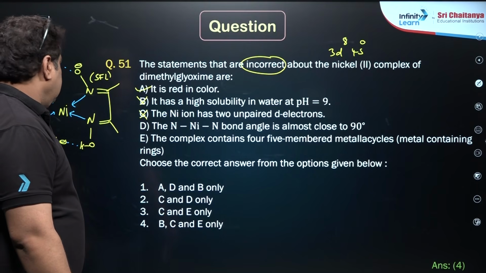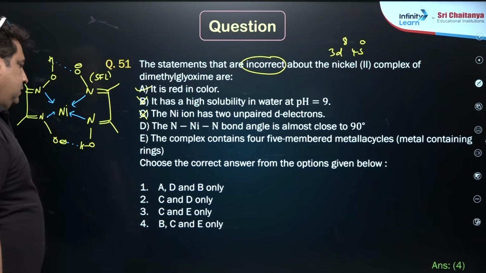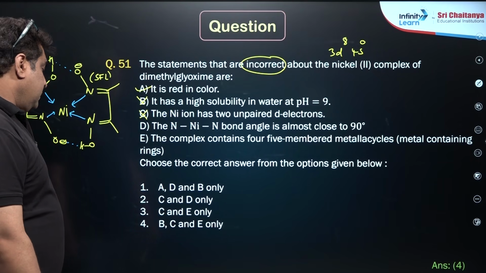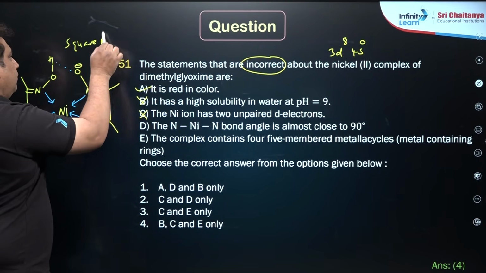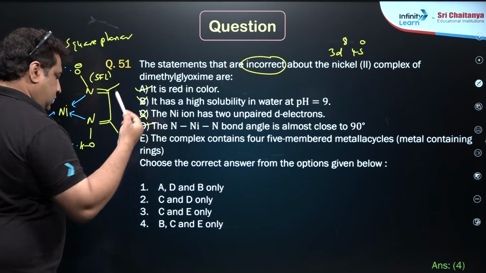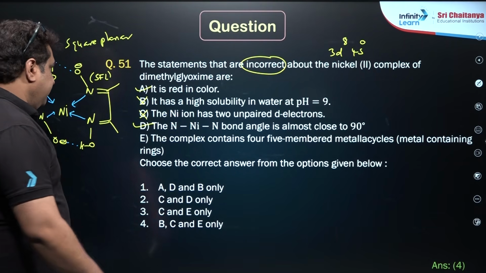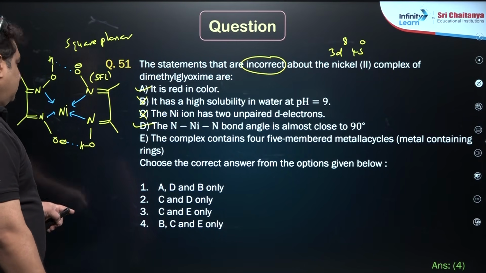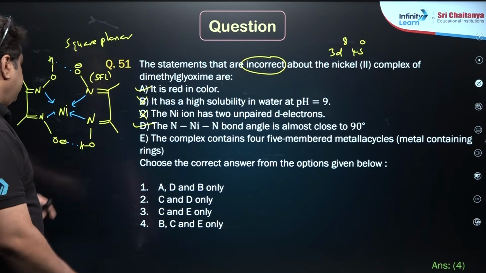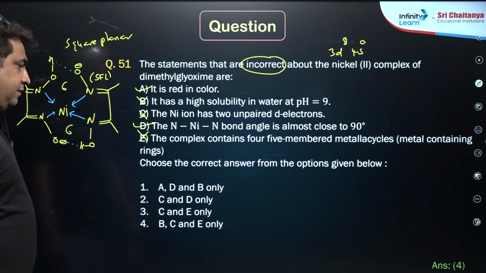Then the NH bond angle is almost close to 90 degrees. Almost planar, so it is square planar. So this is correct. The complex contains 4 5-membered metallocyclic rings. Yeah, 4 5-membered metallocycle, no, this is 6-membered, no, this is 6. So this is again wrong. So the answer is BCE.